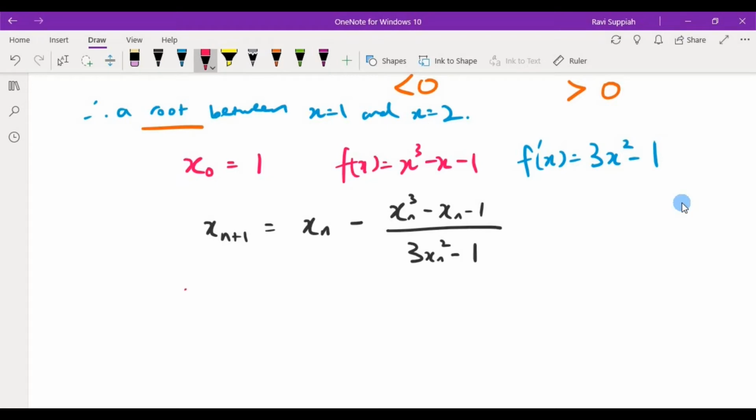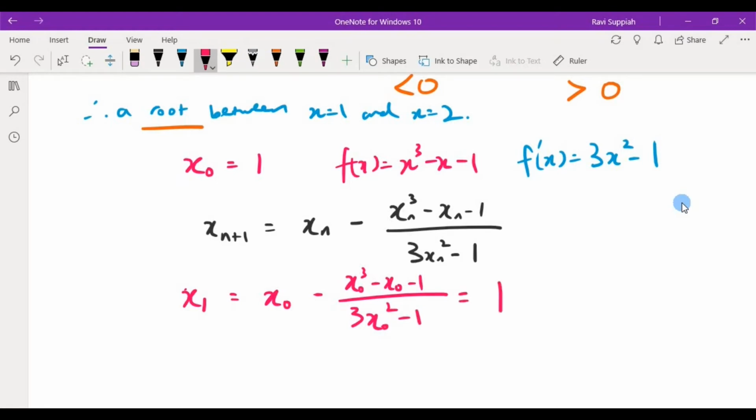Since x0 equals 1, we can compute x1, which equals x0 minus (x0 cubed minus x0 minus 1) divided by (3 x0 squared minus 1).